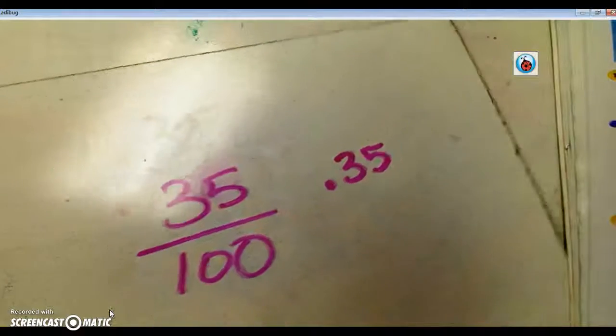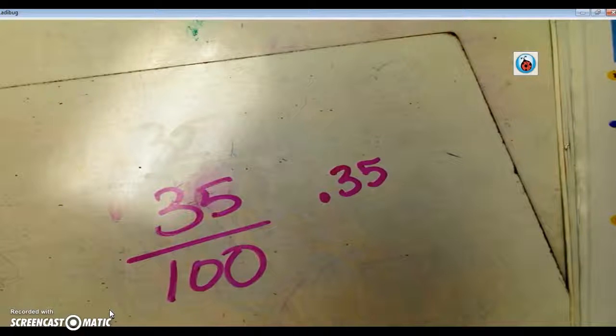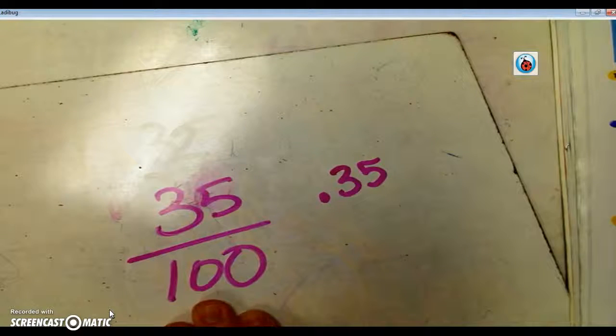Can you tell me why I write it as 0.35? Numerator. Okay? But my denominator is telling me the place value of it, the hundredths.